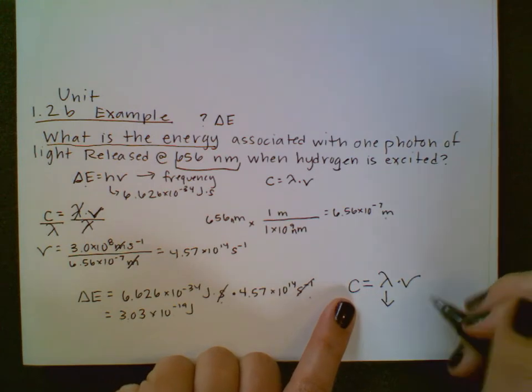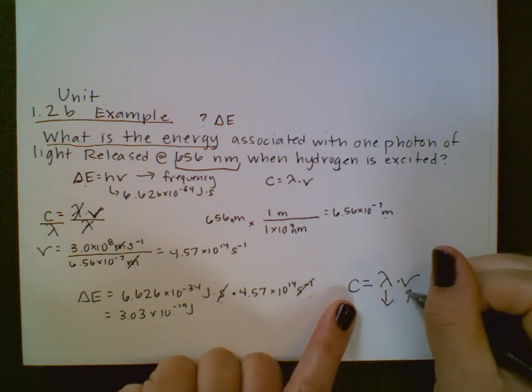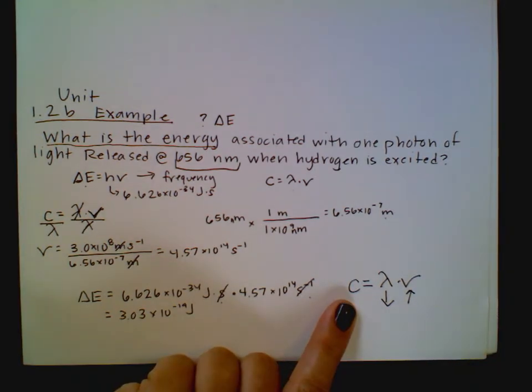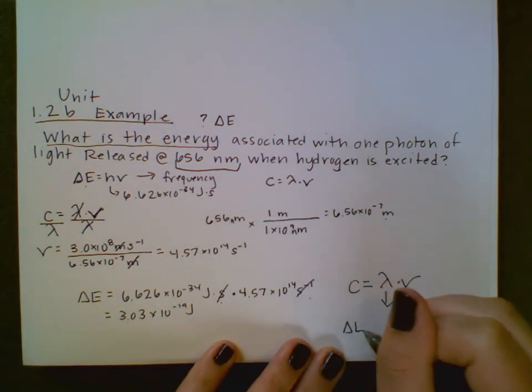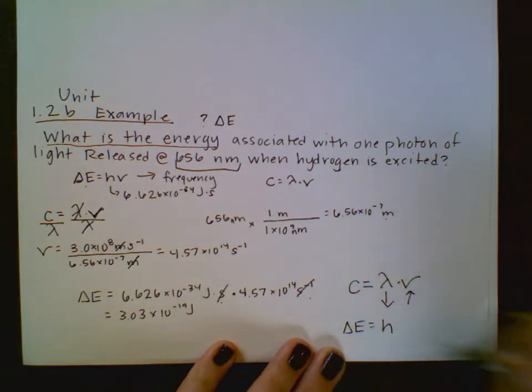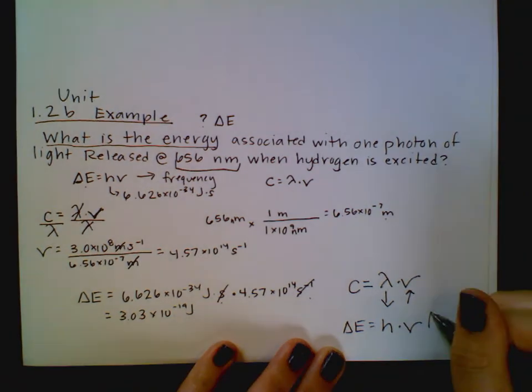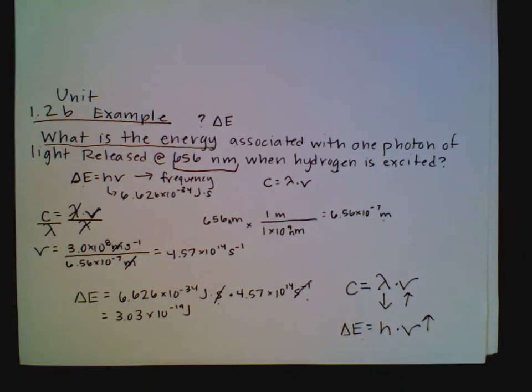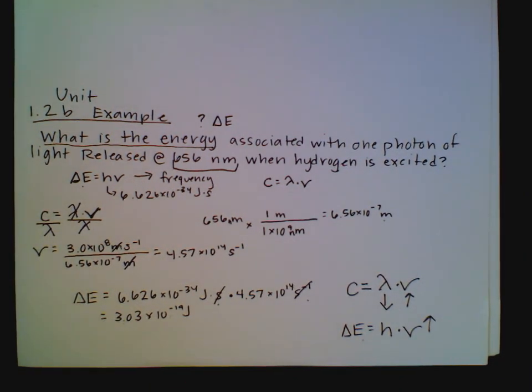Because c is a constant, it means my frequency needs to be higher. And in my energy equation, if I have my constant times a higher number, it means that my energy is going to be higher. And so that's why when we talk about rainbow colored light, red is the lowest and purple is the highest as far as energy goes.